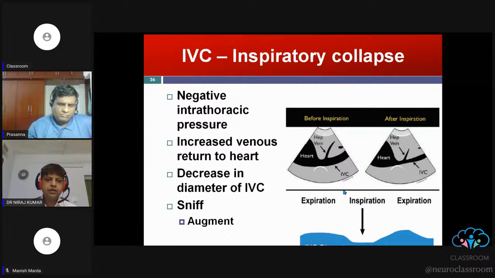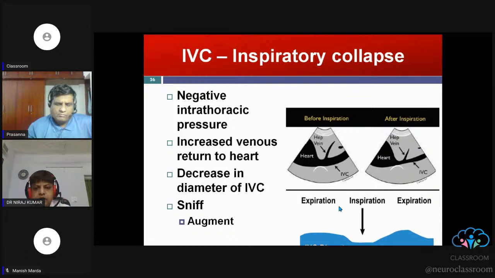So the IVC diameter naturally will be decreased. So this is the inspiration phase. You can see that during the inspiratory phase, there is a decrease in the diameter of the IVC. This is another picture. This is the expiratory diameter. There is the inspiratory diameter. This is very simple physiology to understand, but in a spontaneously breathing patient.